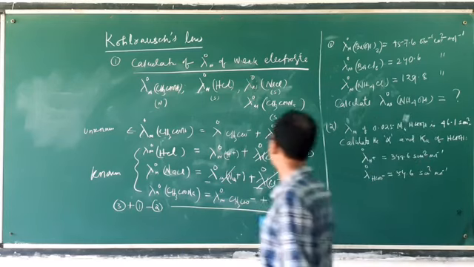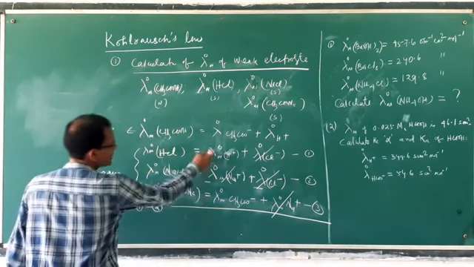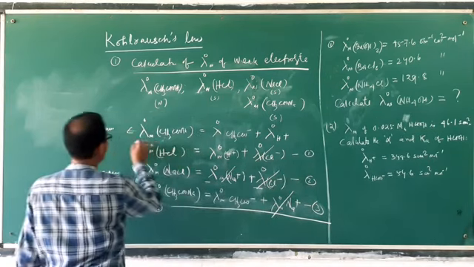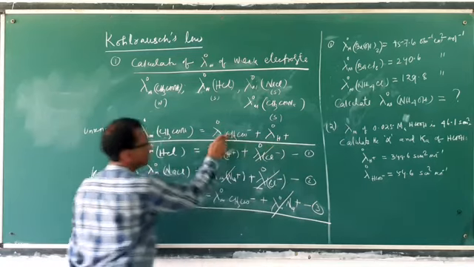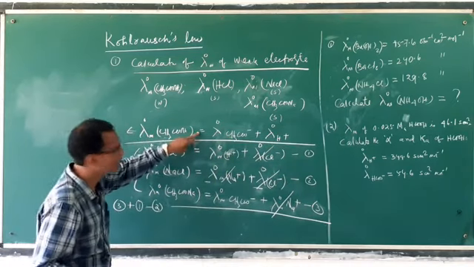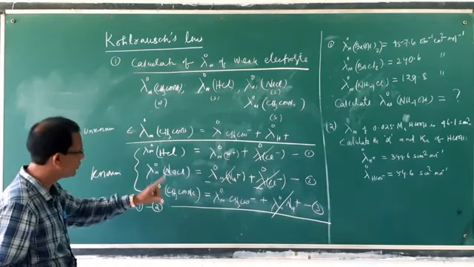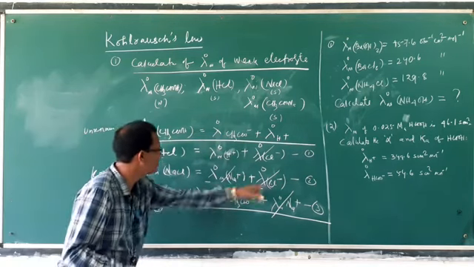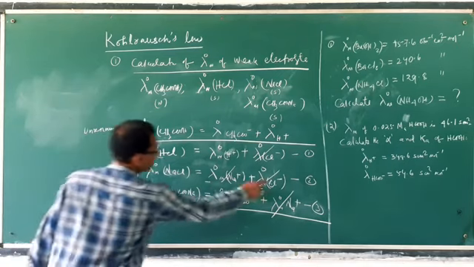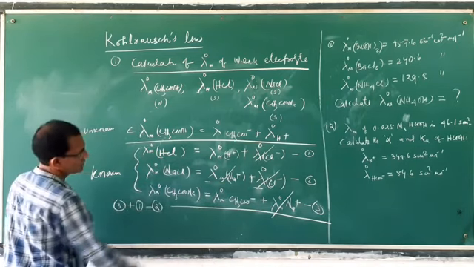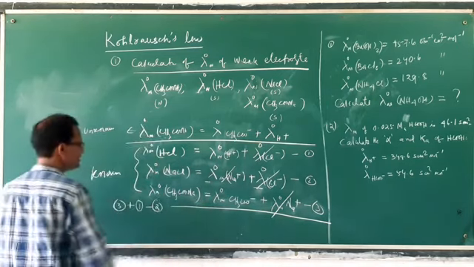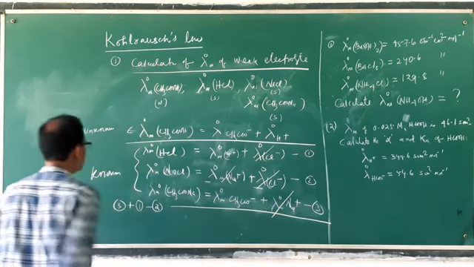And what is left? Finally, from this 3, 1, 2, the 3 will be taken. So 3 plus 1 minus 2, and the minus sign is already given. So the terms cancel, and what is left is this value.